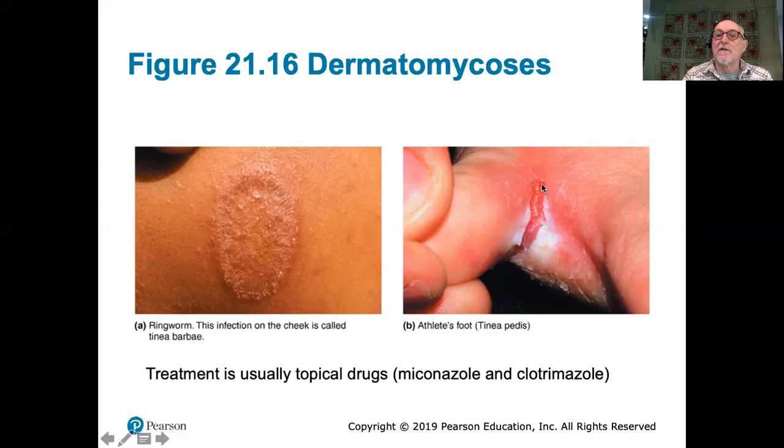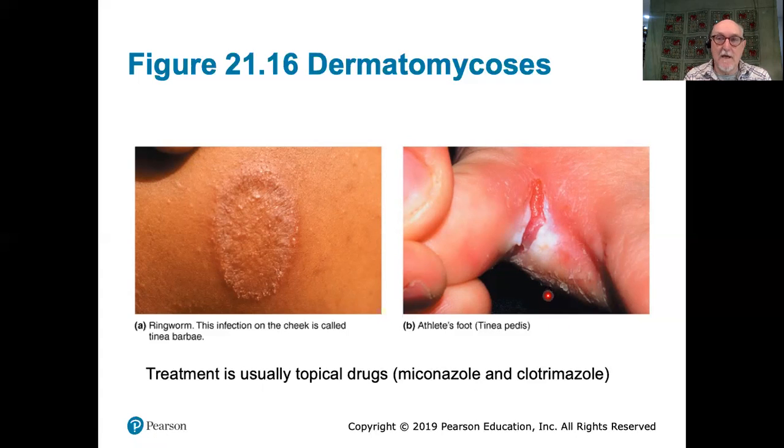This is athlete's foot, tinea pedis, and what has happened is the fungus has eaten through the tough skin layers, making its way through and eating the keratin, weakening the upper skin layers so that they crack and expose the dermis underneath. Can be very, very painful, but usually very easily treated.